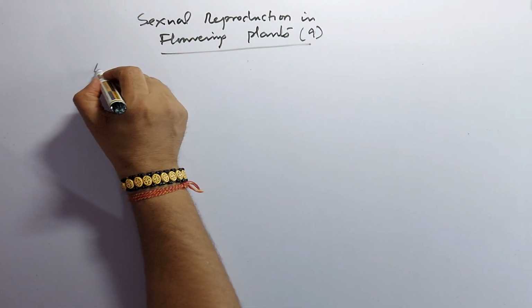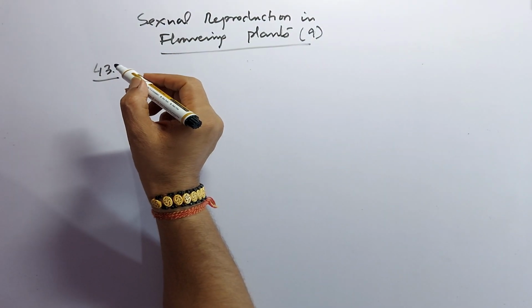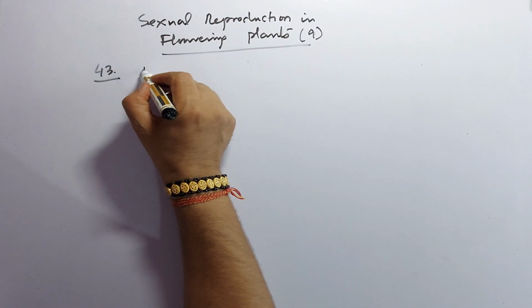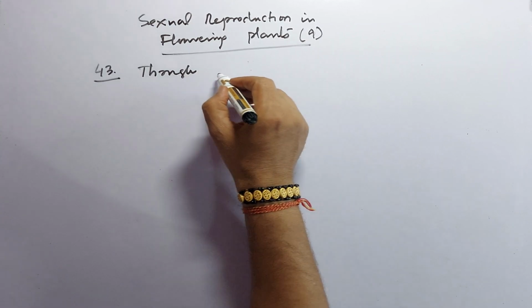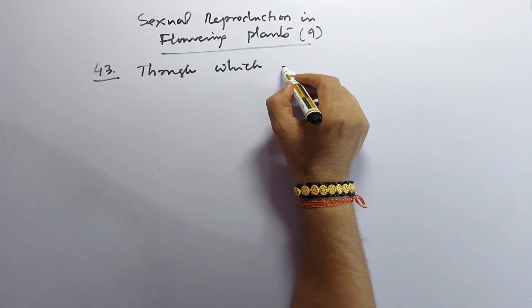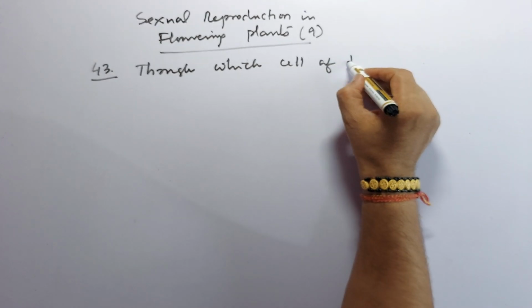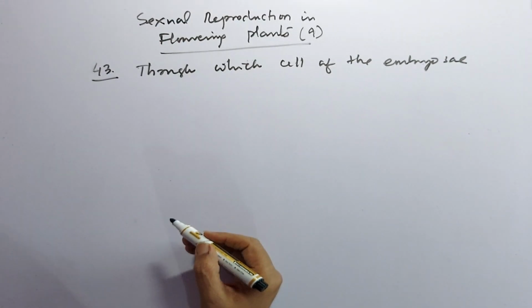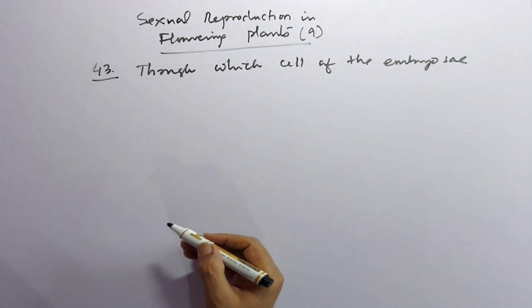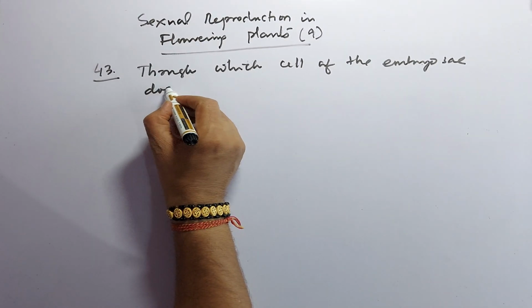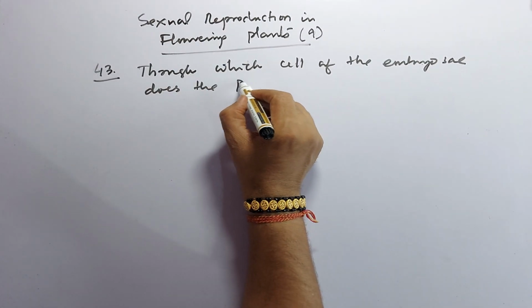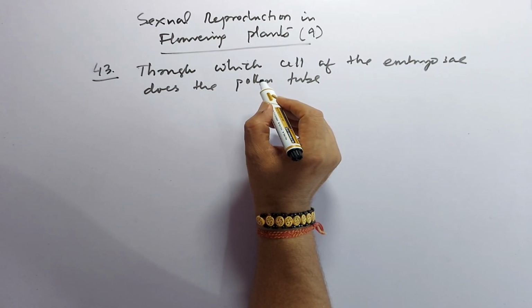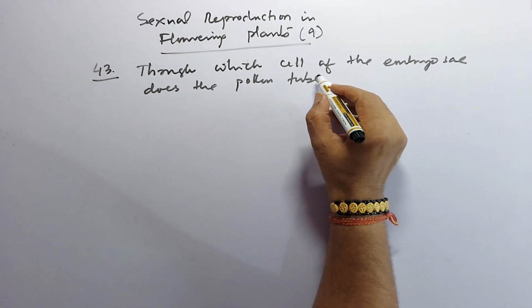Next, question number 43. Through which cell of the embryo sac does the pollen tube enter the embryo sac?